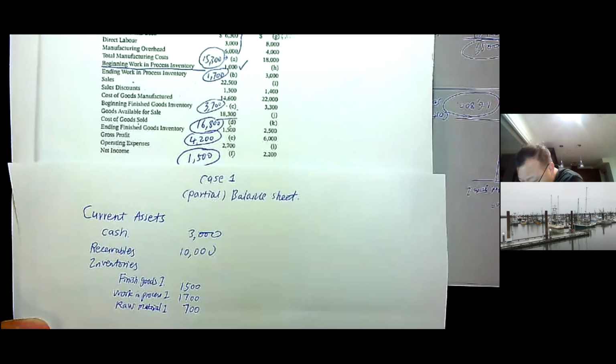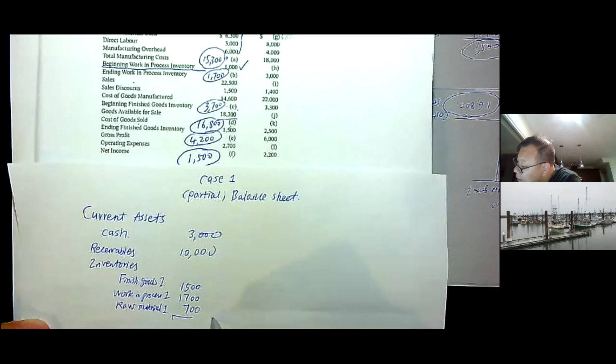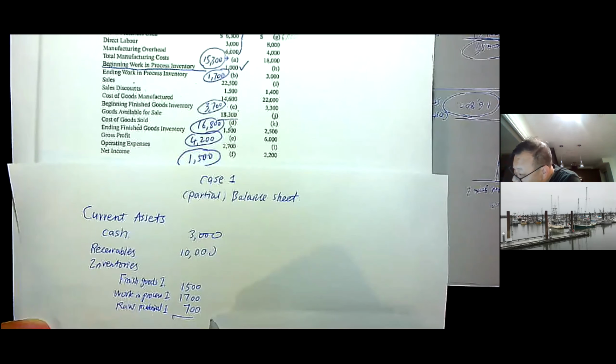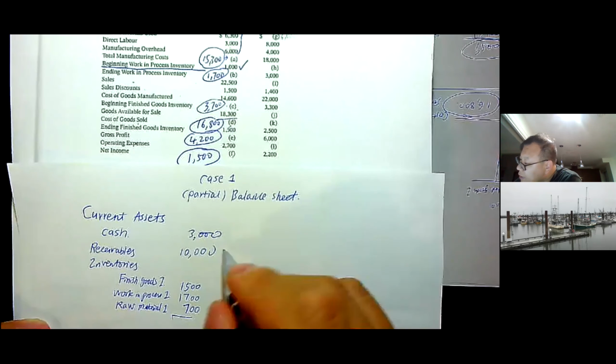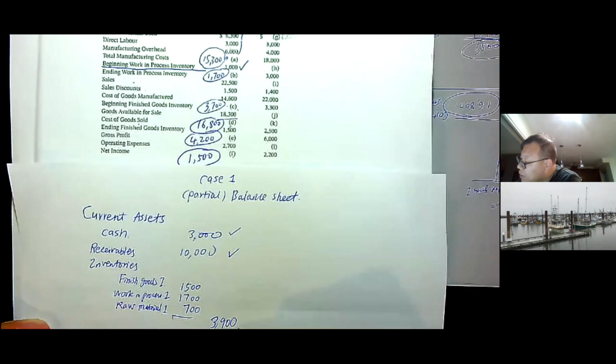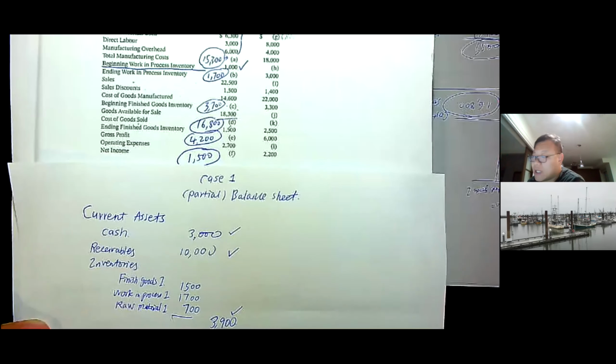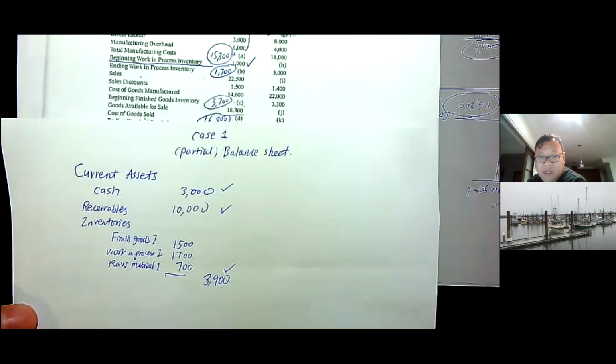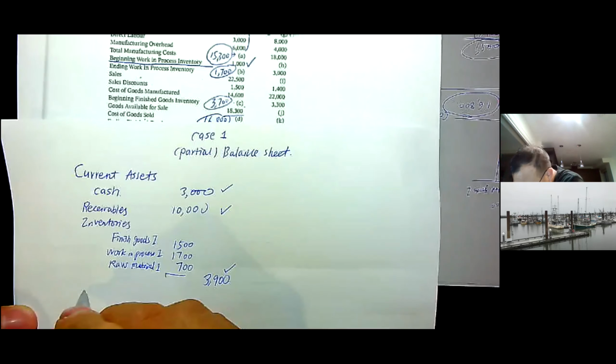So all these together, you add them up. That will be 3,900. Okay, so your cash 3,000, receivable 10,000, and your inventory 3,900.